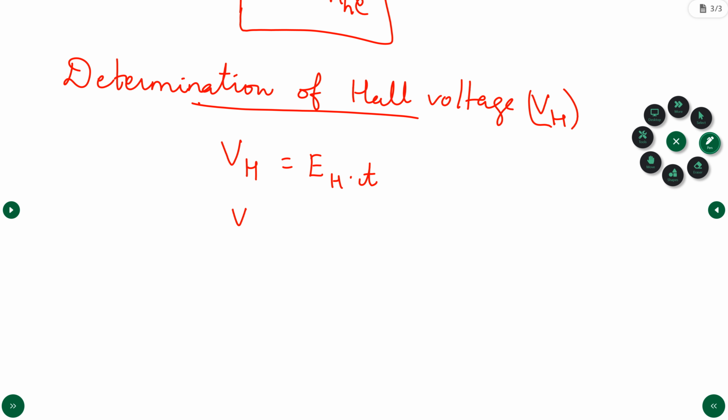As in general, E_H is equal to B into R_H into Jx, right? So here you have Jx. There is a relation for Jx with respect to the area of the conductor or the material which we are using.